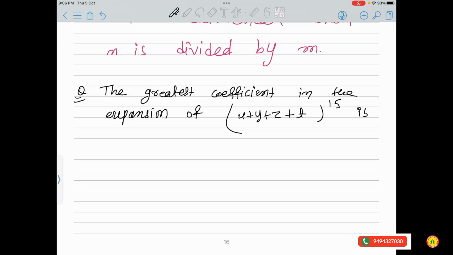So I am asking the greatest coefficient in the expansion of x plus y plus z plus t.